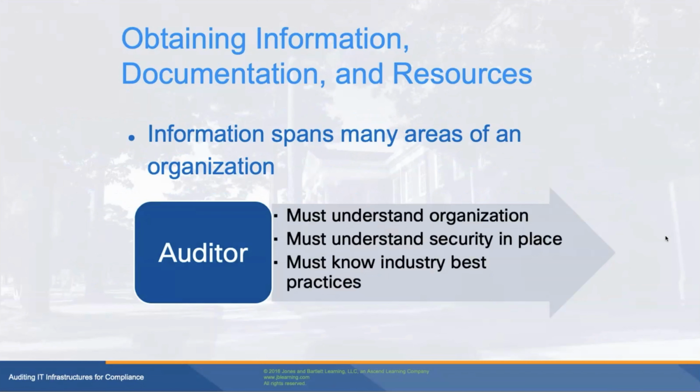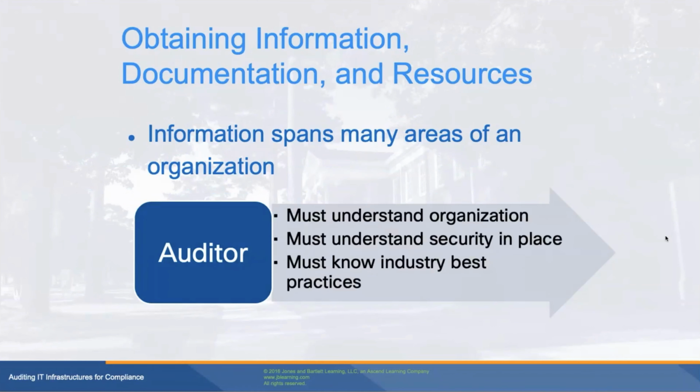The auditor has to have a little bit of information or background in whatever he's checking or auditing. For example, in IT, if the auditor comes in, the auditor has to understand what the organization does. Is it an IT organization, or an organization that makes shoes that has IT?